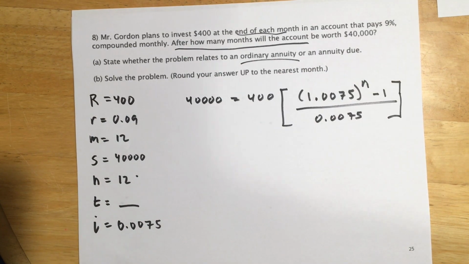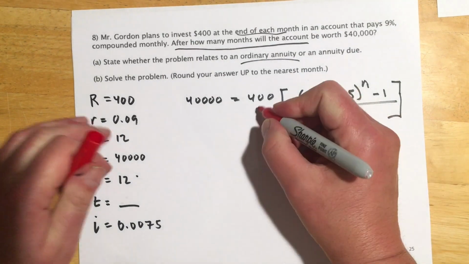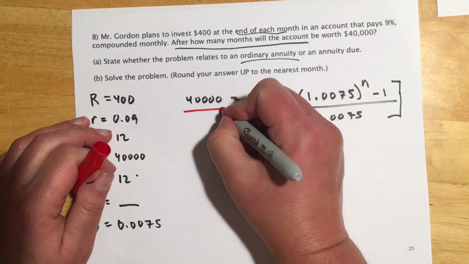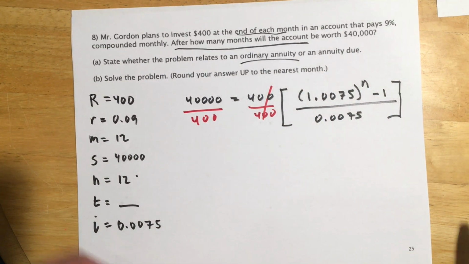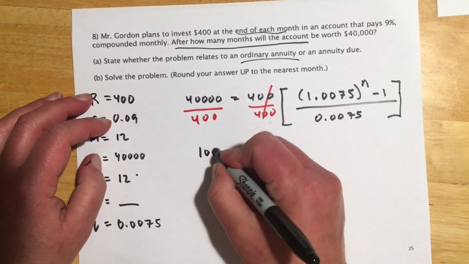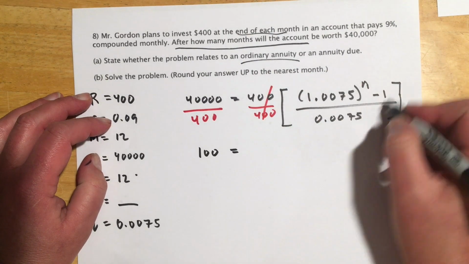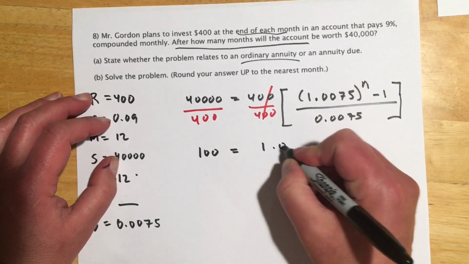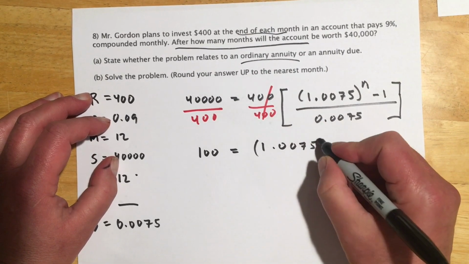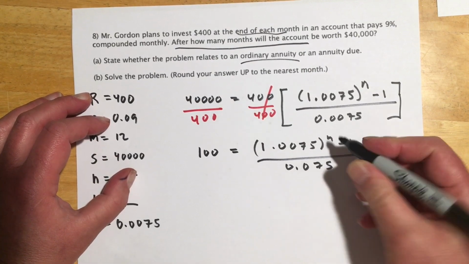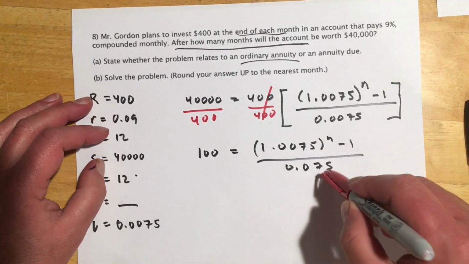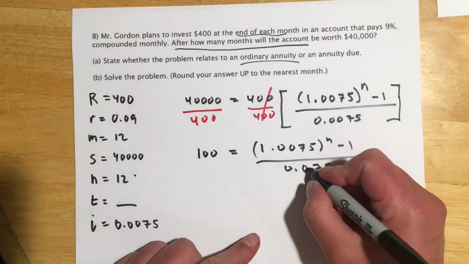So first thing I did was divide out this 400. And then that gave me 100 equals this stuff. And then next I multiplied both sides by this. Oops, I dropped a 0.